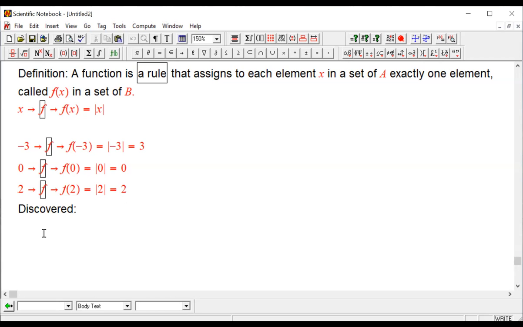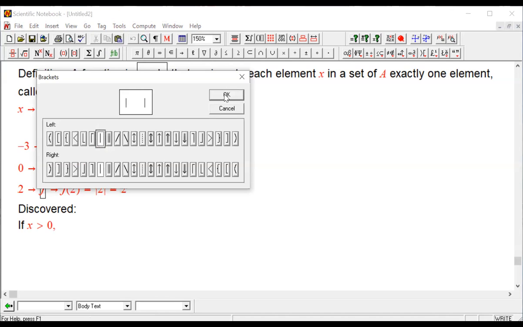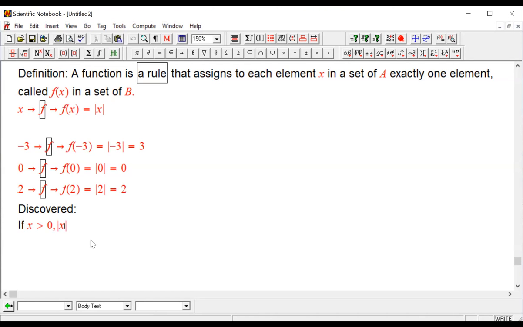Let's start with positive. If x is positive, the absolute value of x is the same as x.